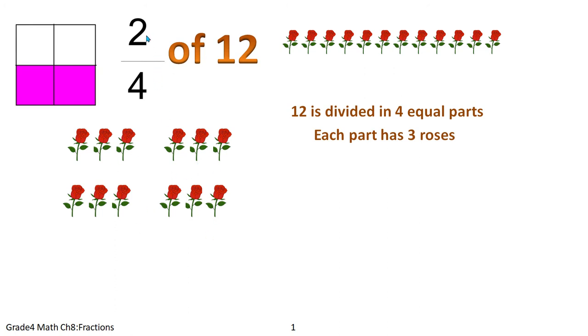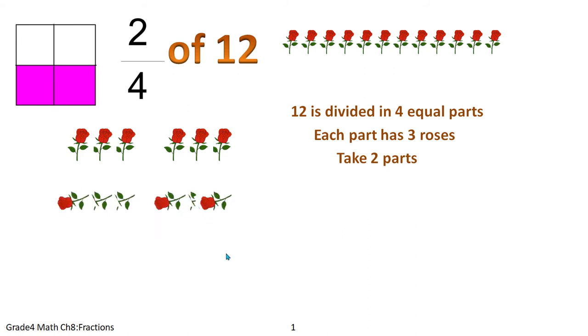Now what is asked? 2 by 4. We have divided the 12 roses into 4 parts. Now how many parts do you have to take? 2 parts. That is, you color 2 parts here. Likewise, you have to take 2 parts from these 4 sections. This 2 part is colored.